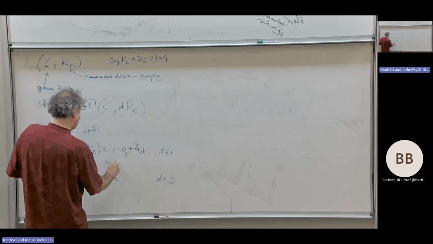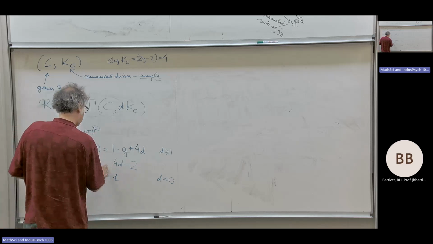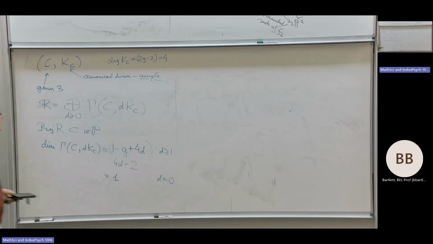So this is 4d minus 2, because the genus is 3. Okay, so I have these numbers.